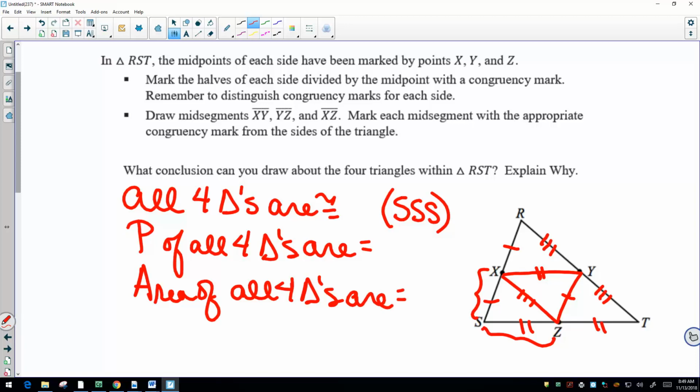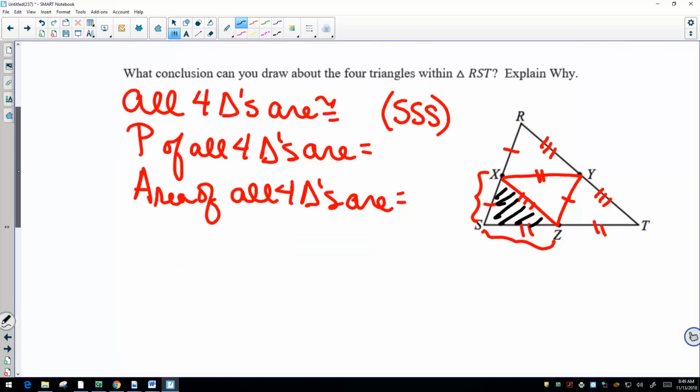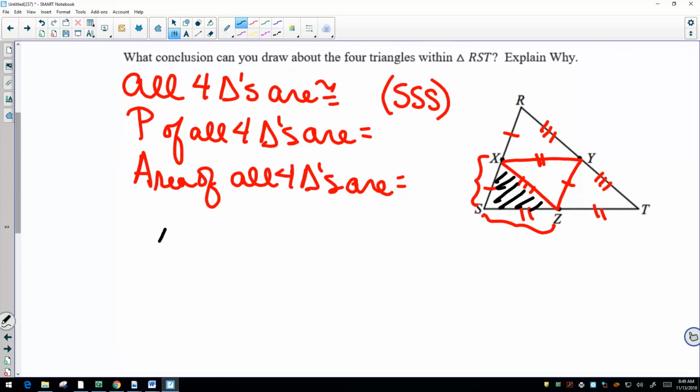Okay, if we take this a step further, and maybe I just take a look at one little triangle, let's say for instance this bottom one. So we'll take a look at triangle XSZ. And if I were to compare triangle XSZ to the big triangle, triangle RST, there's a couple of things I can see here.